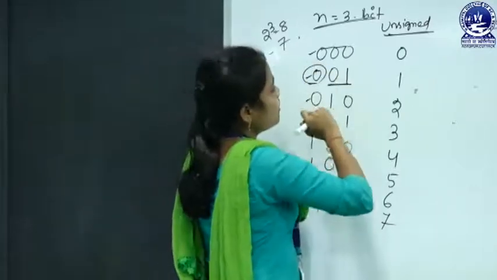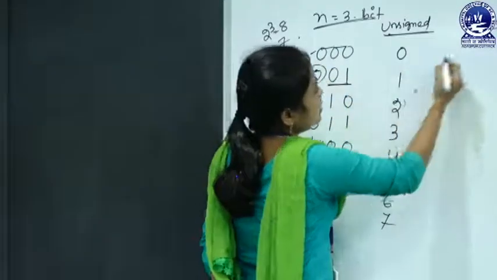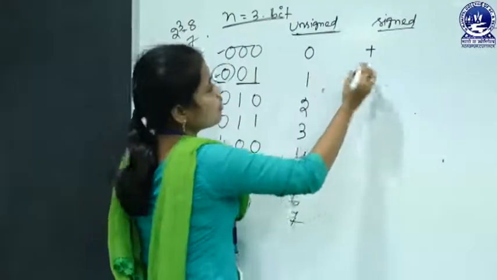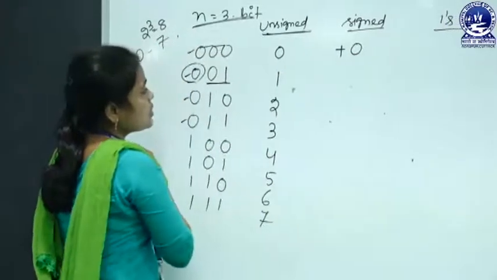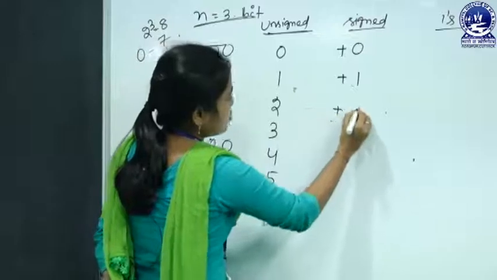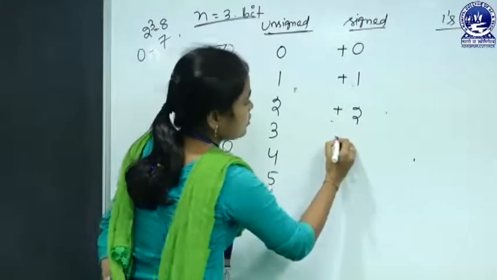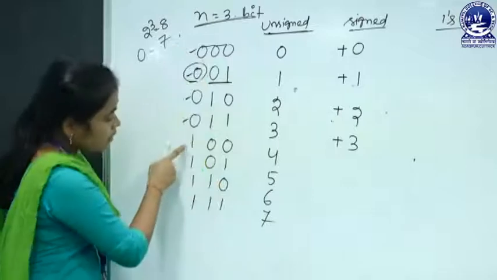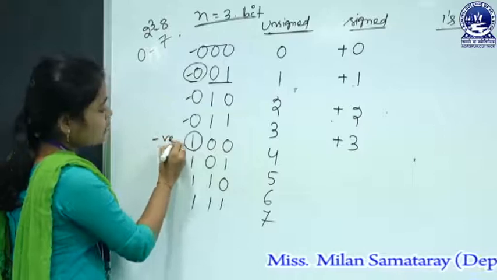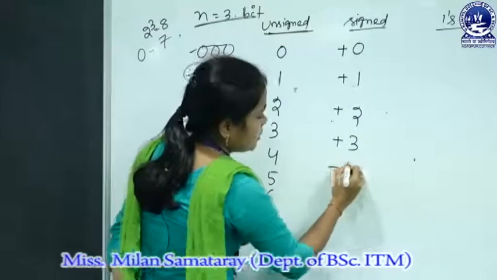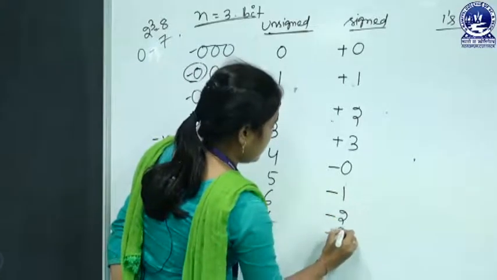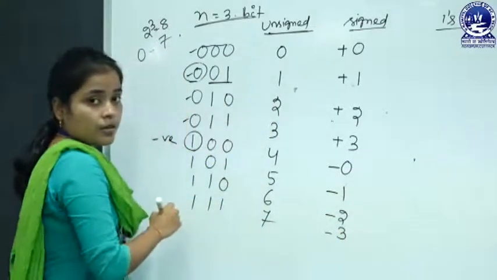So the sign is plus as it is 0, and for 00 the magnitude is 0, then plus 1, plus 2, plus 3, and from here onwards it is 1, so negative numbers started. So it will be minus 0, minus 1, minus 2 and minus 3.